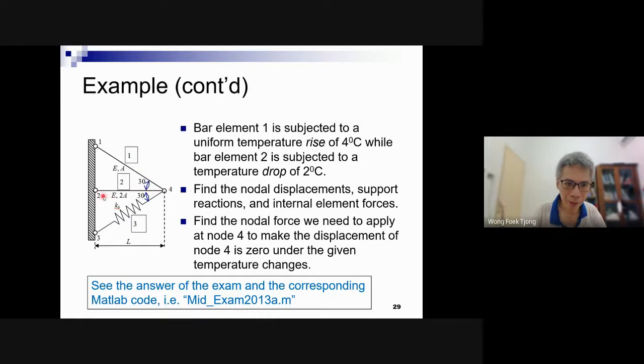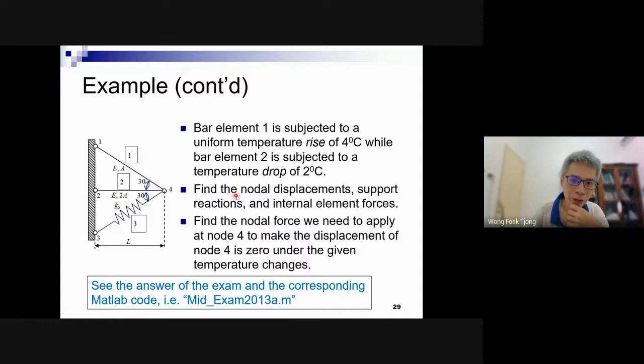But bar 2 is subjected to a temperature drop from the initial unstressed condition, let's say a drop of 2 degrees Celsius, maybe due to cool air from the air conditioner. This one is hot, this one is cooler. The spring remains the same, not affected by temperature.